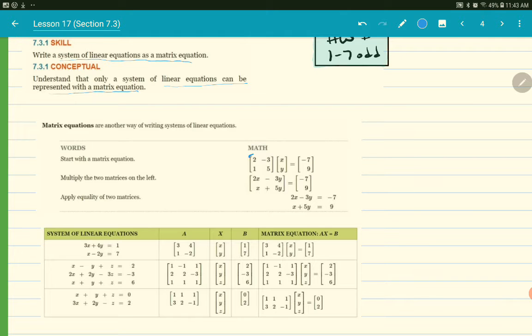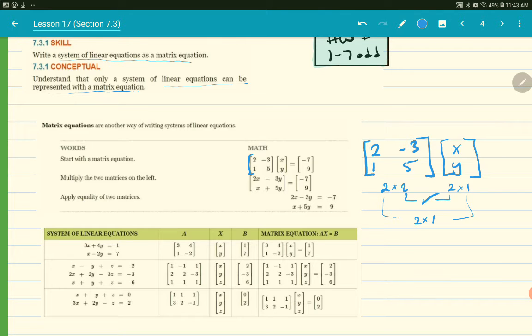If I have this matrix equation, 2, 1, negative 3, 5, and I multiply those two matrices together, this one's a 2 by 2, this one's a 2 by 1, those center numbers match, so that means the product exists, and the product will be a 2 by 1 matrix.